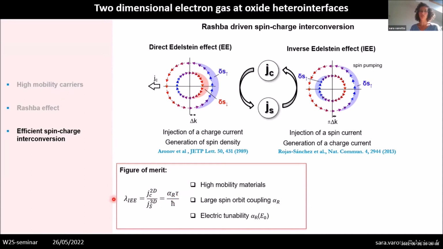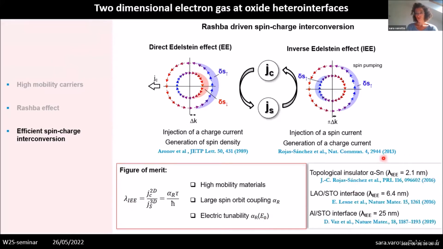So if we want to get a very large lambda, we need high mobility materials, which is the case with the two-dimensional electron gas. We need large spin-Rashba coupling, a large alpha R value. And here, the point is that alpha R will depend on the electric field. So we can increase or tune this lambda by changing the electric field by gate or by ferroelectric polarization.